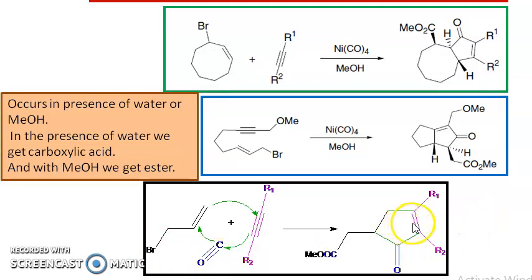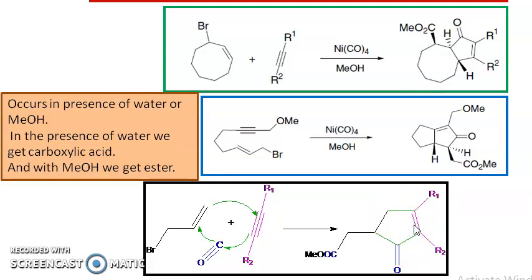See here, this green bond, this triple bond is getting added to the carbon monoxide. And from the carbon monoxide, a bond goes to the allyl system. And from the allyl system, you get one bond to the acetylene, and cyclization happens.